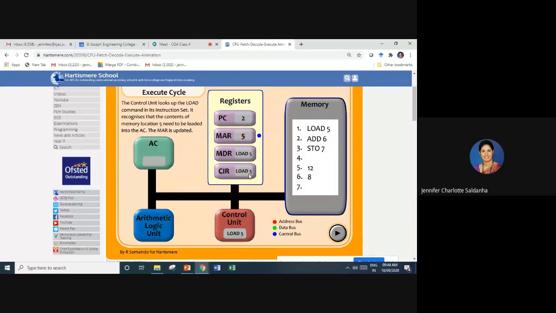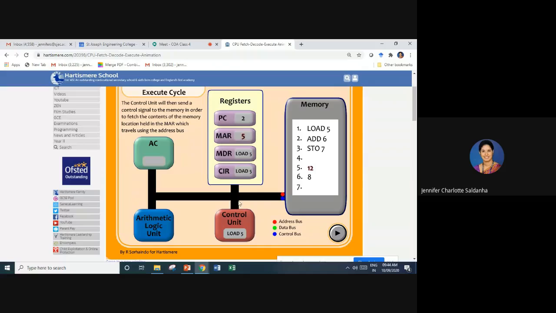So 5 is the address of the memory location. To load that content from the memory, again the address of the memory location has to be sent to MAR, and that is sent. And then the second read cycle has to be initiated by the control unit, right?